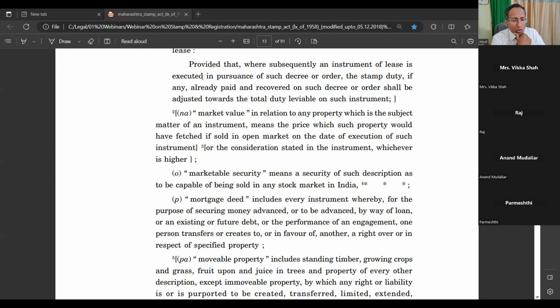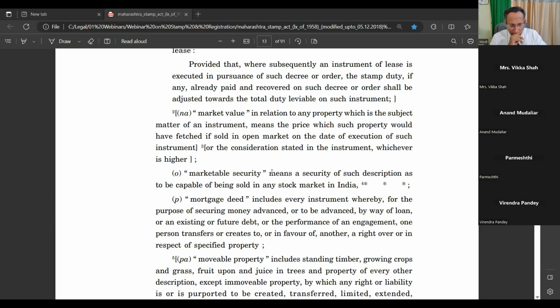Yes, Raj. So the market value, whichever is higher. Now the question will come: what is the market value of that property? When we talk about the market value of the property, every year the government publishes a ready reckoner, and in the ready reckoner they define the survey number.